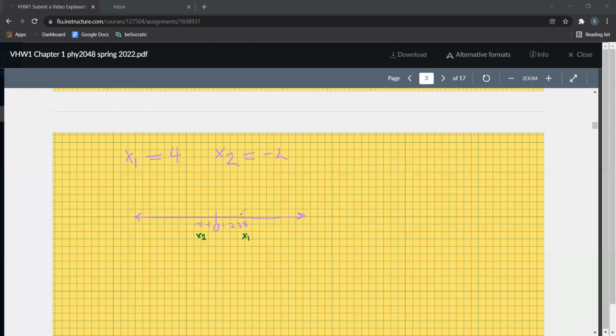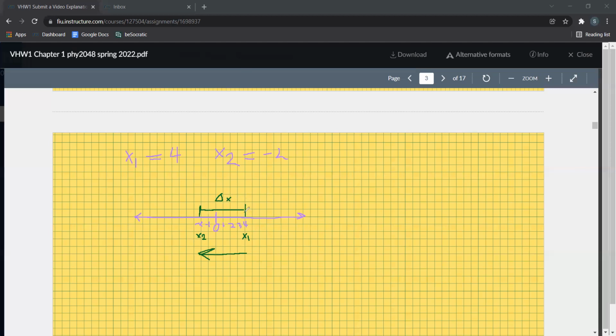So I am going to go from my x1 to my x2 always. Actually, I'm going to do it the way it's supposed to look. This is my change in x. You can very clearly see that it's going left because it's always x1 to x2.